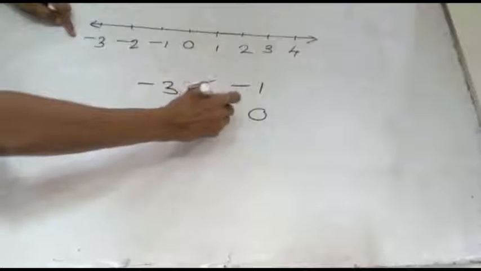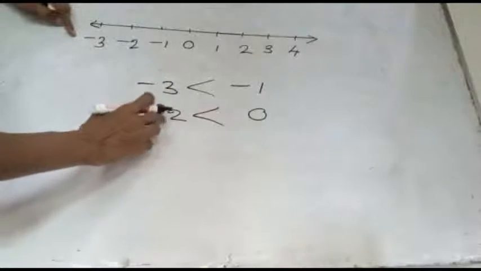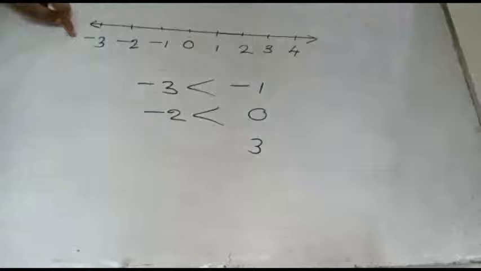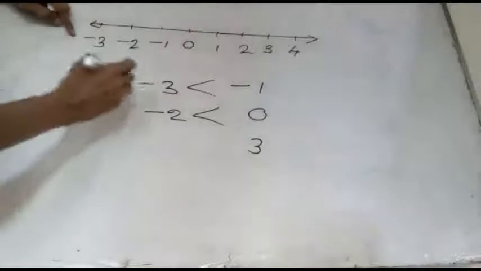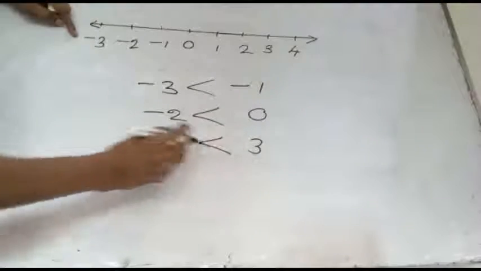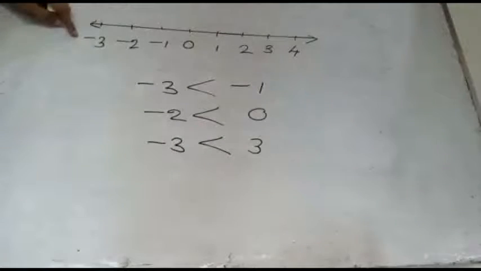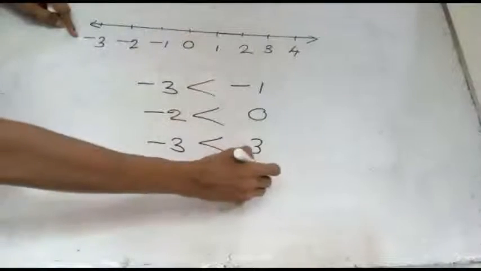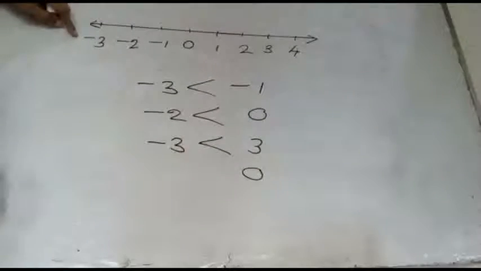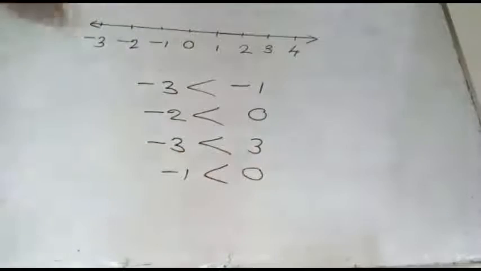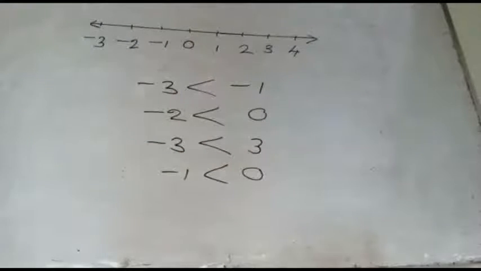Then 0 is greater than negative 2. Positive 3 is to the right of negative 3. Then positive 3 is greater than negative 3. 0 is to the right of negative 1. Then 0 is greater than negative 1.